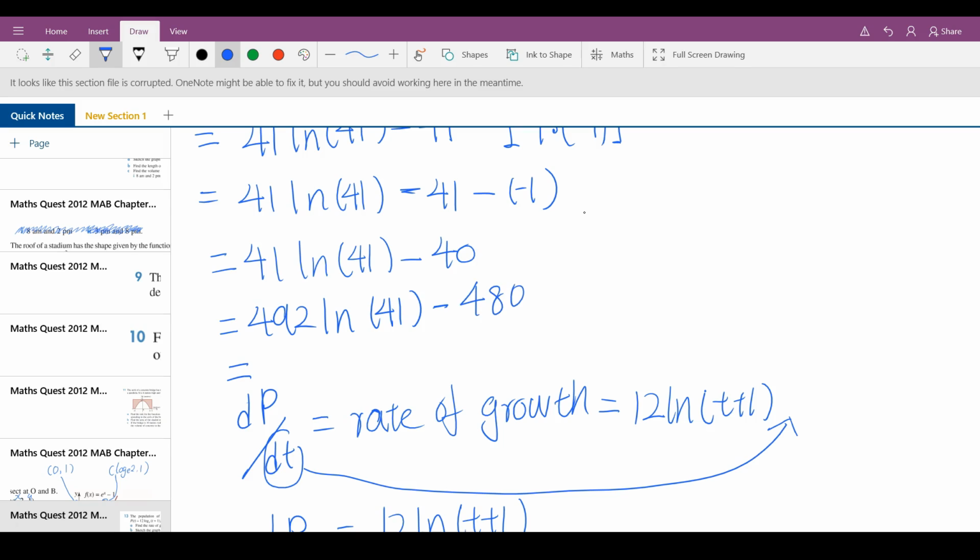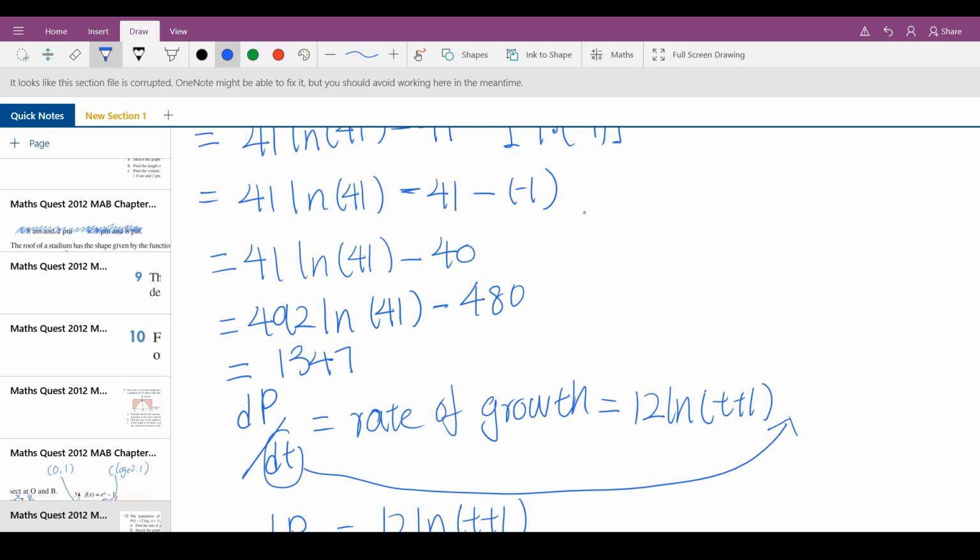Let's see what that gives us. Let me calculate the number out this time. So 492 ln 41 minus 480, I get 1347. That's the number.